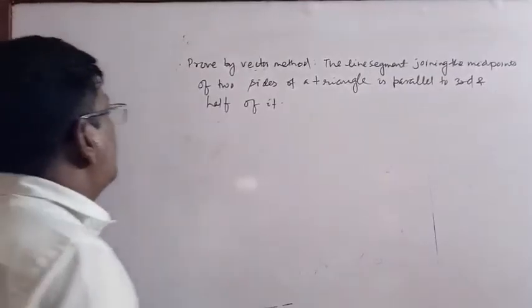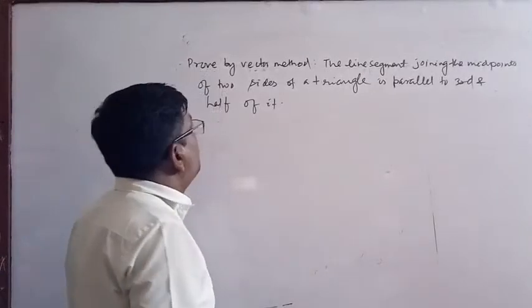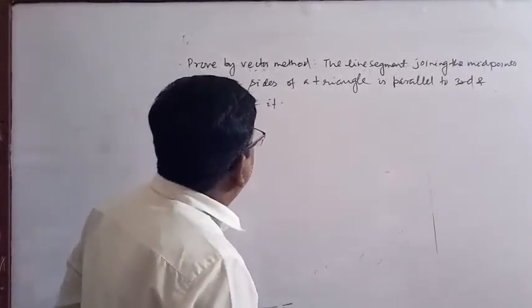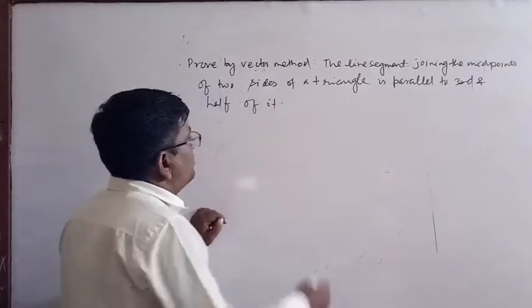Proof by vector method: the line segment joining the midpoints of two sides of a triangle is parallel to the third and half of it.